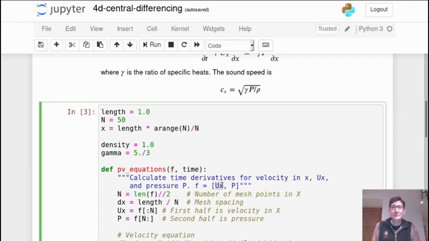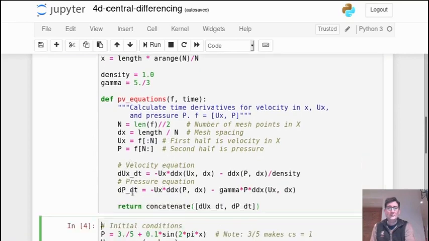The first 50 will be the velocity, and the second 50 will be the pressure. What this does is calculate the length of f and divide by 2 to get the number. It's a little bit redundant because we've defined it up here, but this is a more general way, so if we gave this a different array, this would still work. From this we get the length and the spacing between grid cells, and then this is where we take values out of f. So ux is the first 50 points, or first n points here, and pressure is the last 50 points.